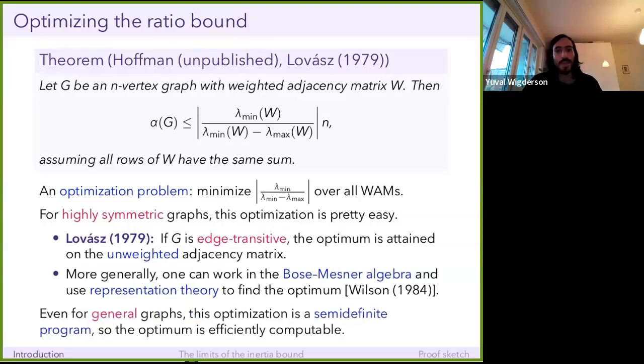And even if your graph doesn't have any symmetries, you can check that optimizing this quantity is actually a semidefinite optimization problem, if you rephrase it appropriately. So if I give you an arbitrary graph, you can compute what the best weighted adjacency matrix is in polynomial time. So this optimization problem is in some sense fairly straightforward. We know how to tackle it. So any questions about that?